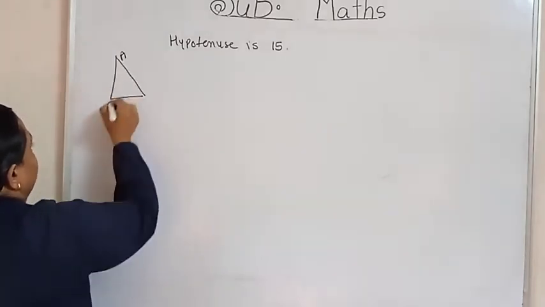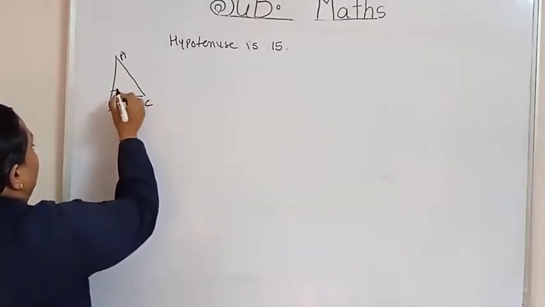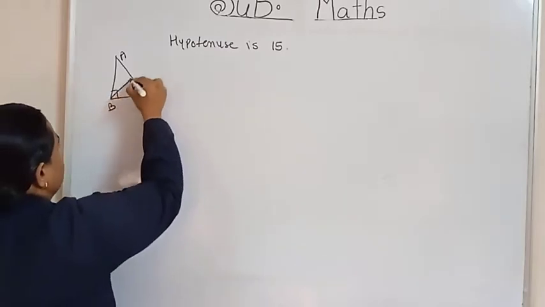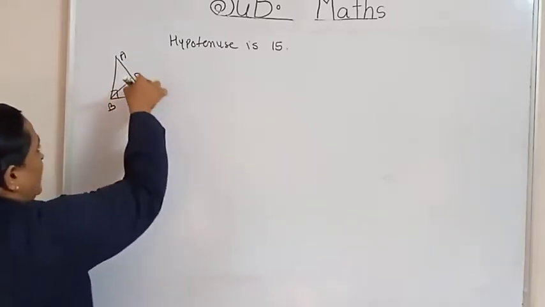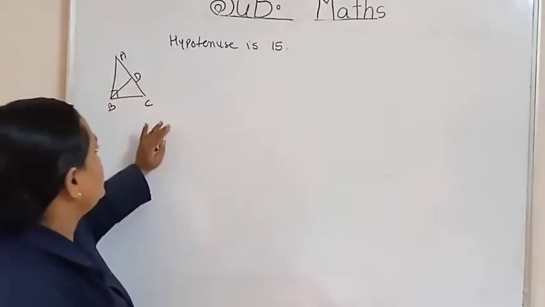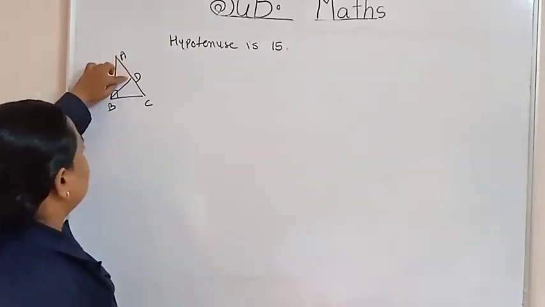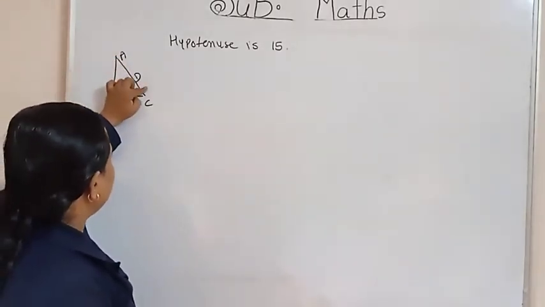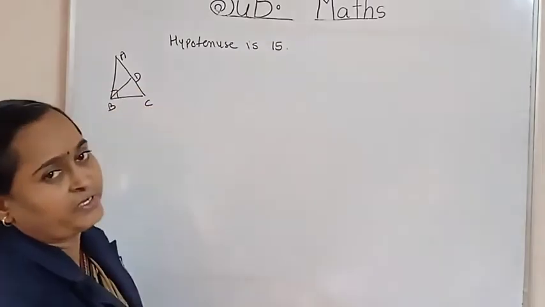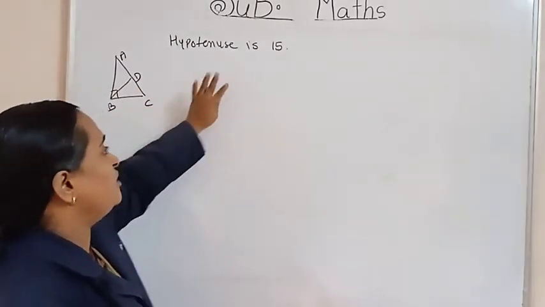Now see, this is a right angle triangle, and in this right angle triangle this is the median on the hypotenuse. One theorem is there that the median drawn to the hypotenuse is half of the hypotenuse, and this property we have to use.